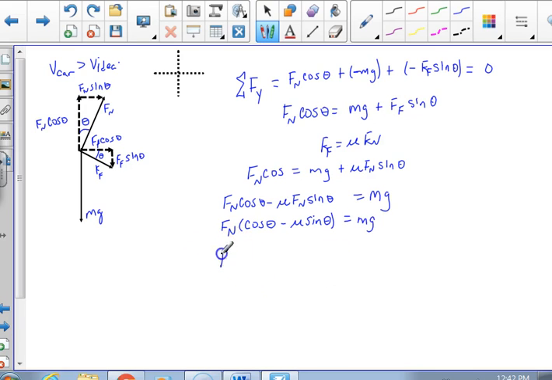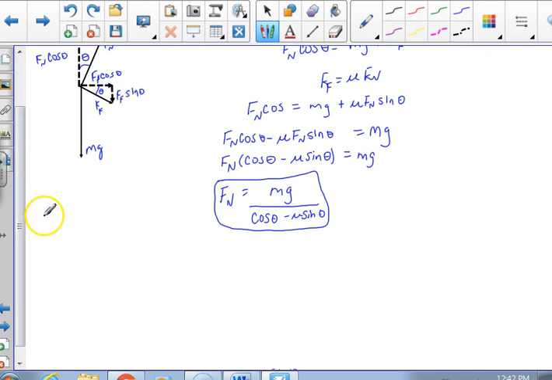And then Fn is equal to mg divided by cosine theta minus mu sine theta. Okay? And that becomes an equation for later. So that's the first part of the derivation.